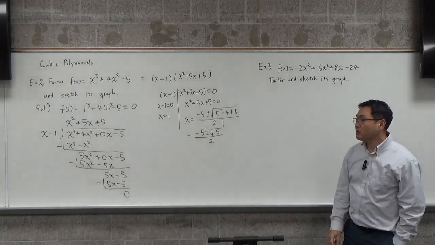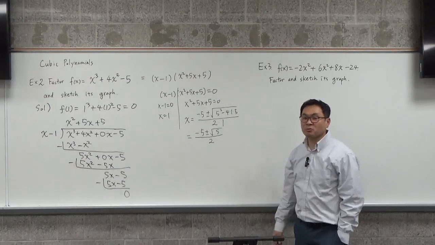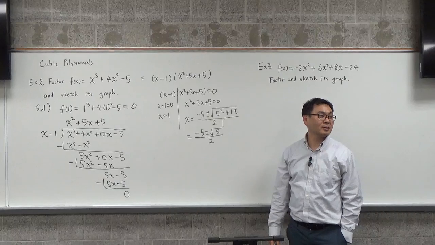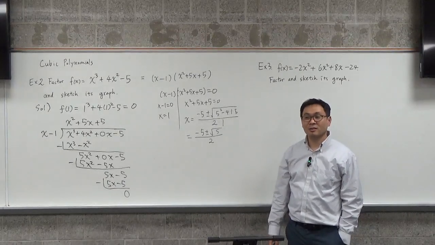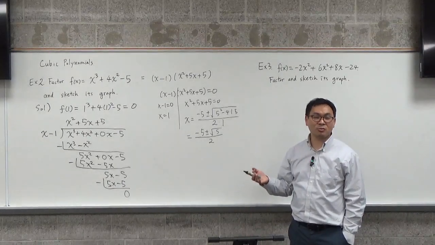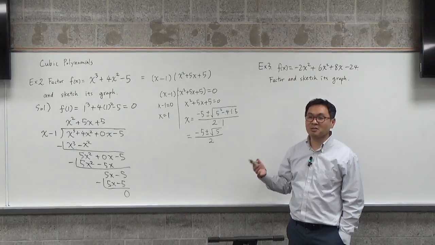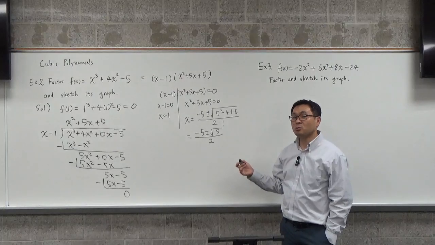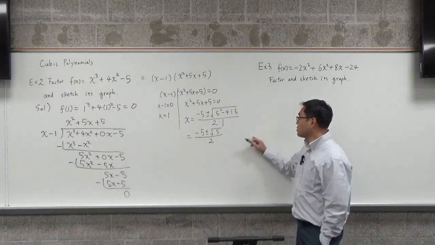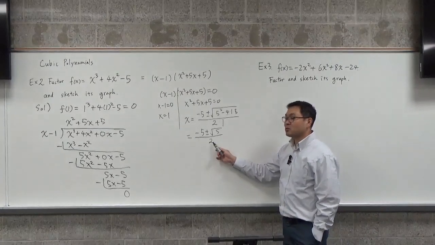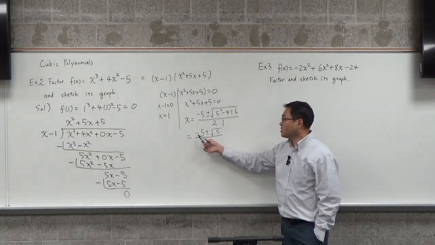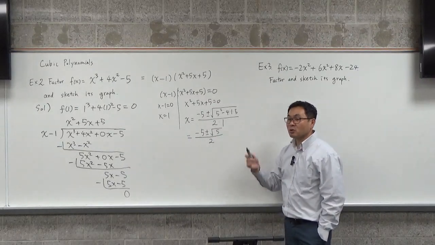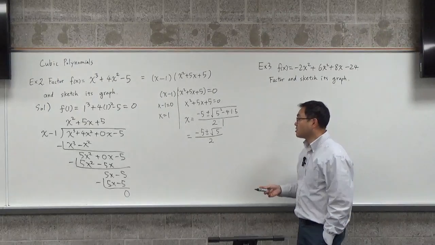All right, so do you know the approximate value of square root of 5? It's handy if you know these values, okay? So square root of 5 is about 2.2, okay? So 2.2 divided by 2 is like 1.1, so it's -5 over 2 plus or minus 1.1.